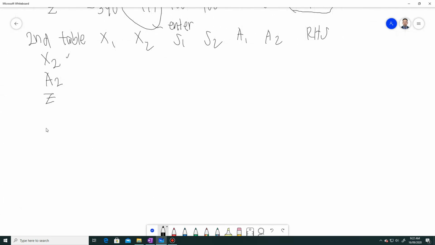For x sub 2, the formula is all data for the new row divided by the pivot element.